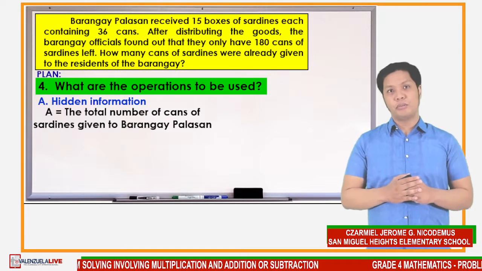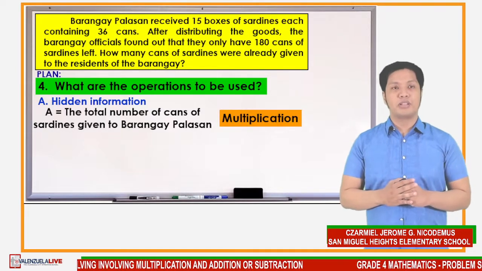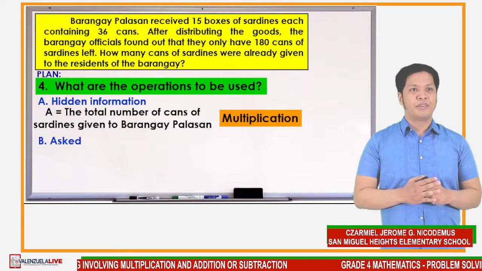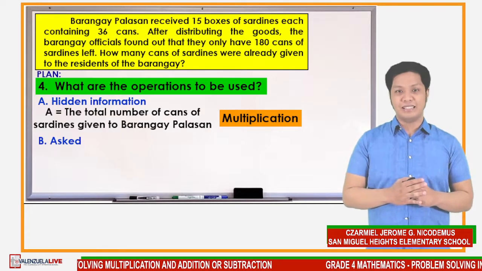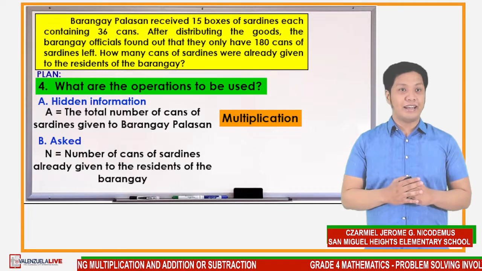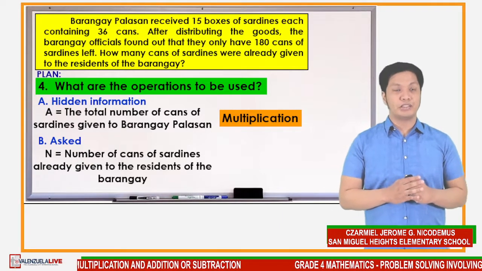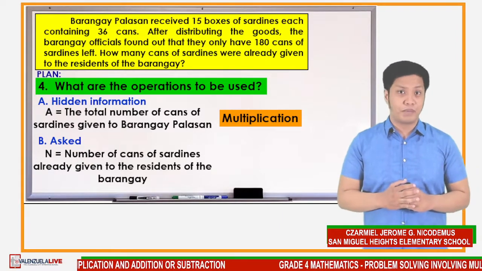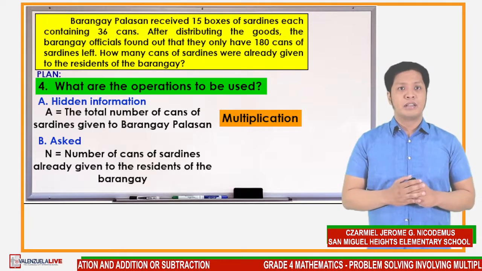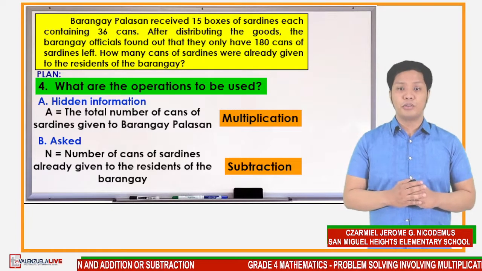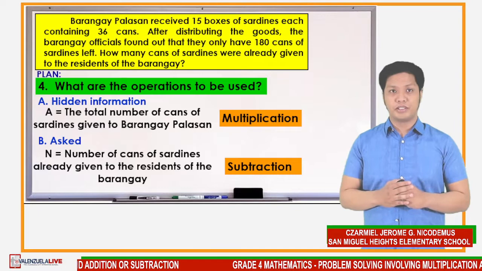So the operation to be used is multiplication. And for what is asked, which is N equals number of cans of sardines already given to the residents of the barangay, the operation to be used is subtraction.